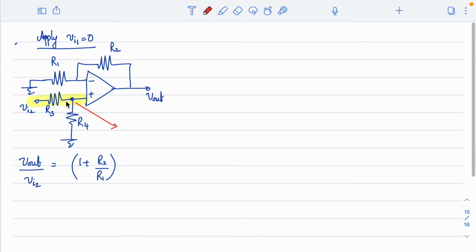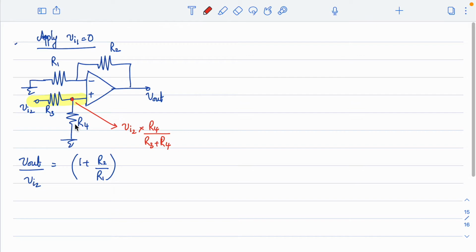This point I am getting is Vi2 into R4 divided by R3 plus R4. This is the actual voltage coming at this node, and that node voltage multiplied by 1 plus R2 by R1 is the gain. Is this clear? Now look at the circuit. This is a non-inverting amplifier, but the only difference is you have an additional R3 and R4.